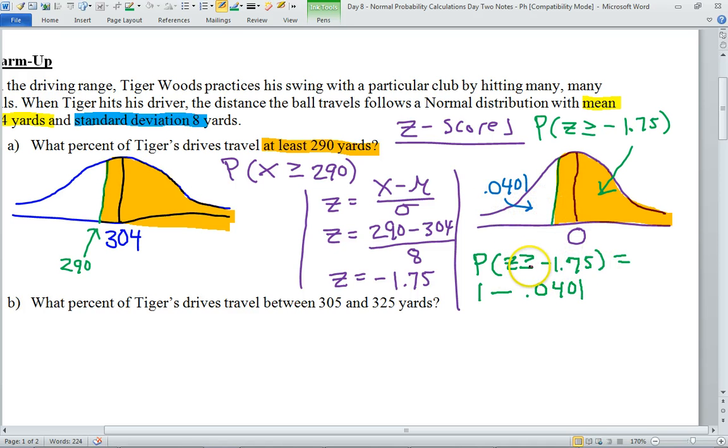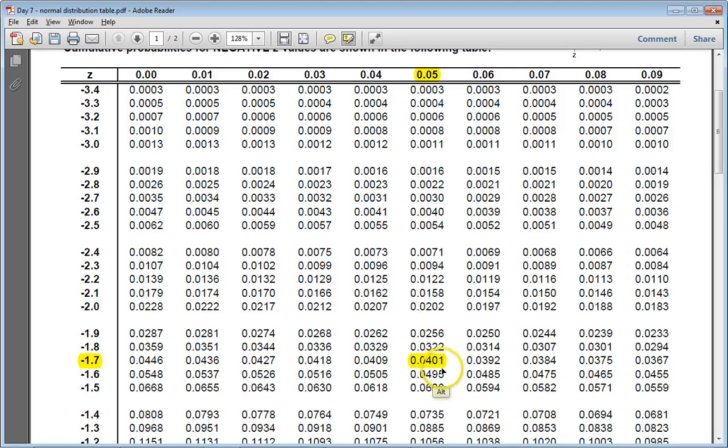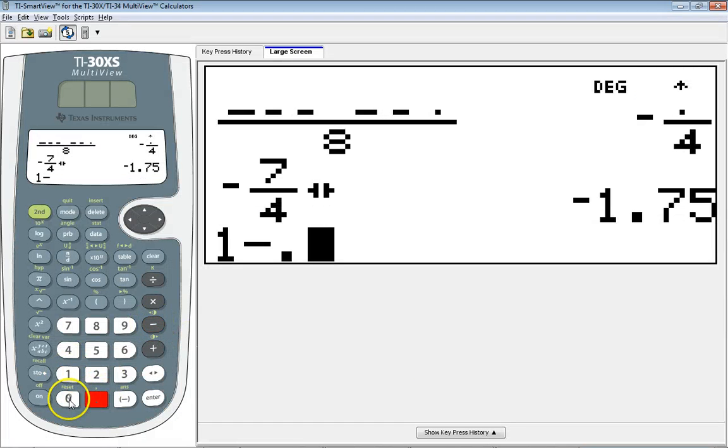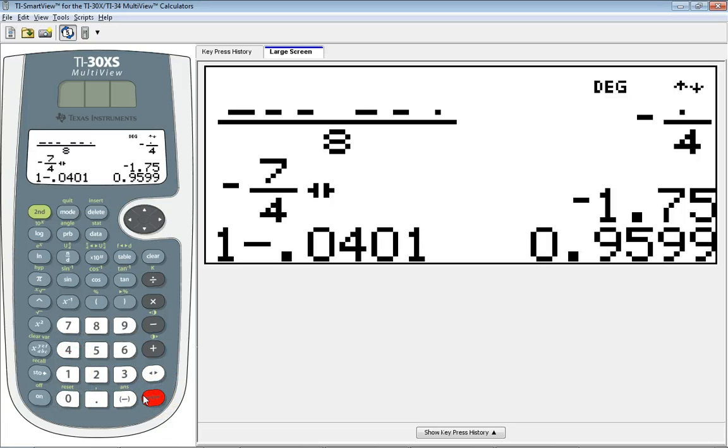If you want greater than, you need to do 1 minus the number. So if I put that in my calculator, 1 minus 0.0401, I'm getting 0.9599.